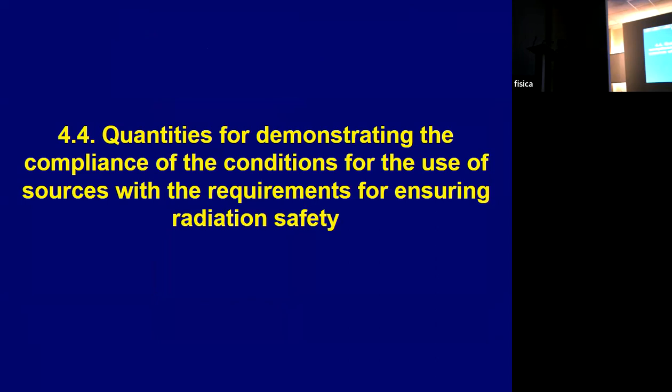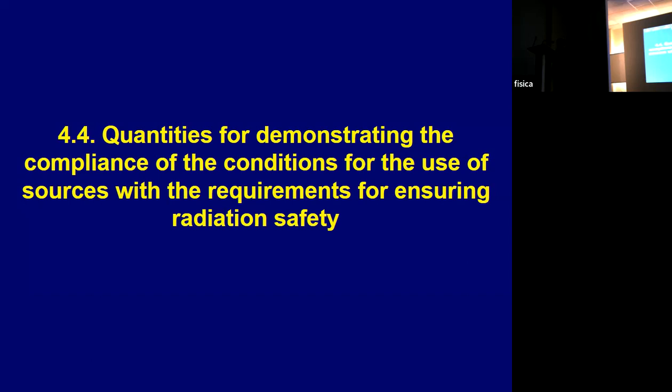Basic for demonstrating the compliance of the conditions for the use of radiation sources with the requirements for ensuring radiation safety is the determination of the individual dose of a person accumulated during the monitoring period, regulated by the standards for the duration.